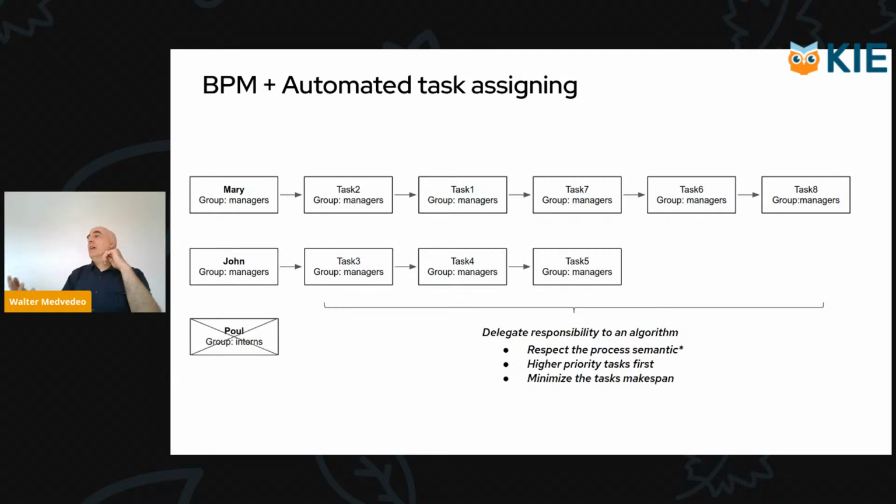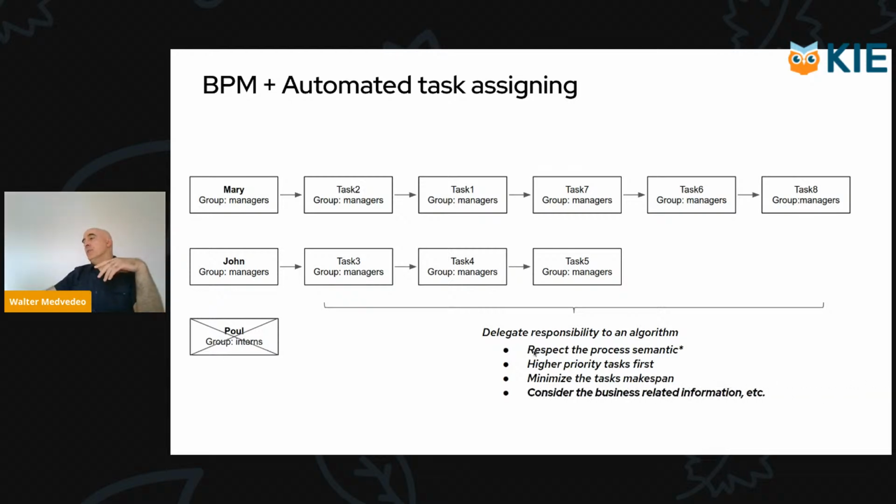The first implication of this is that the algorithm needs to do a kind of fair balancing between the users, right? We don't want all the tasks assigned to Mary and 0 tasks to John, right? This is not fair from the employee perspective. But if we do this, the time to complete all the tasks will be bigger.